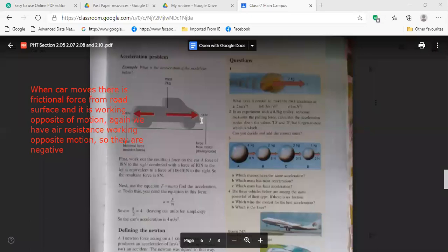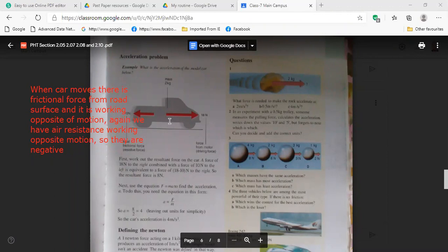We told you before that the right side is positive and the left side is negative. Upwards is positive and downwards is negative. Didn't I give you this note? So this you should remember.